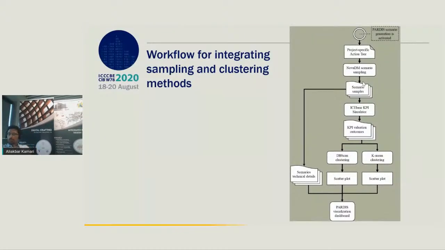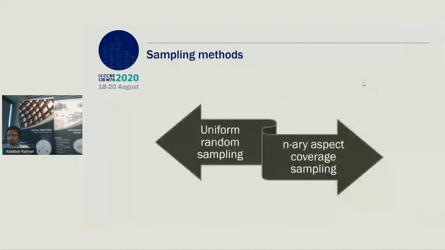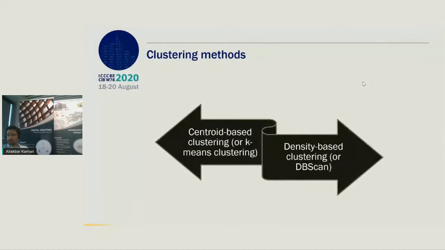So here you can see the workflow: we are integrating sampling and clustering methods into our already developed scenario generation and evaluation engine. For sampling methods, considering a complete renovation design space specified by a given action tree for generation of renovation scenarios, our workflow samples a subset of this space, used to approximate the full design space, using two different methods: uniform random sampling and n-array coverage sampling.